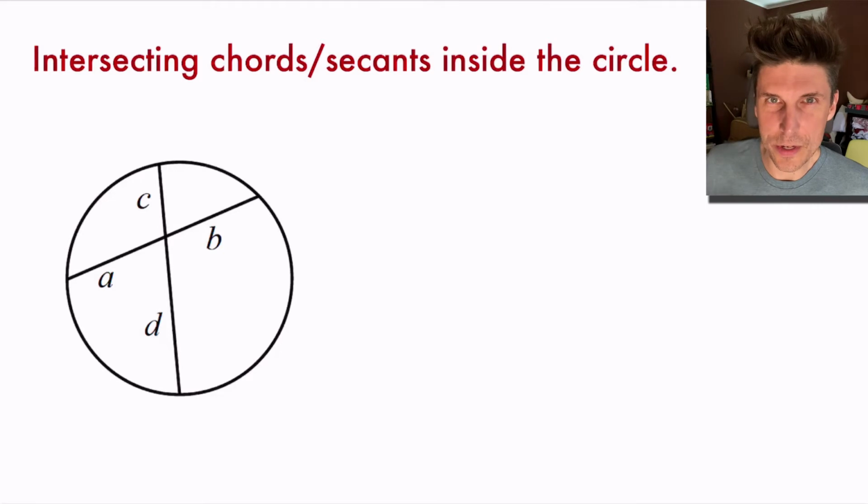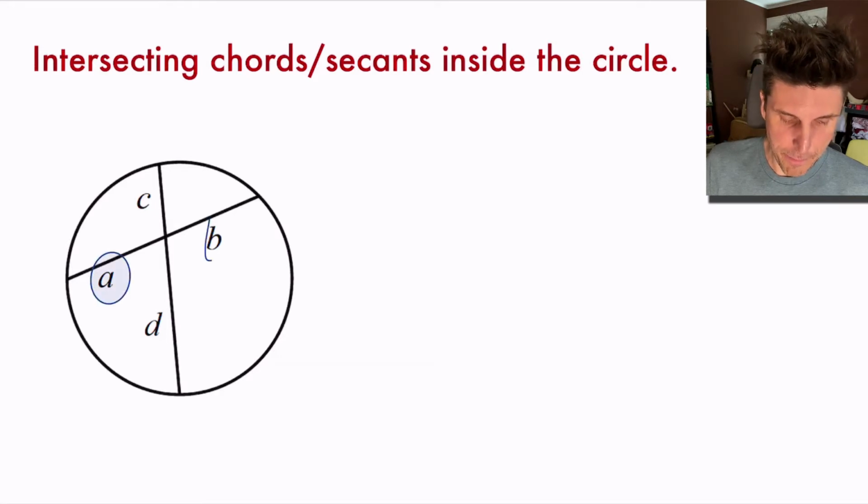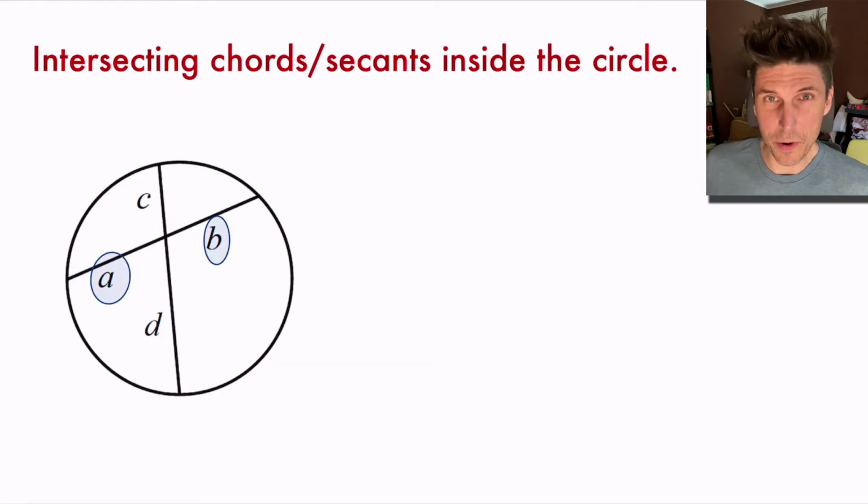If you have two chords that intersect, a very special relationship emerges with the segments that are formed by those intersections. As you can see here, both A and B are part of the same chord, but they're new segments that are cut on that chord by another chord.